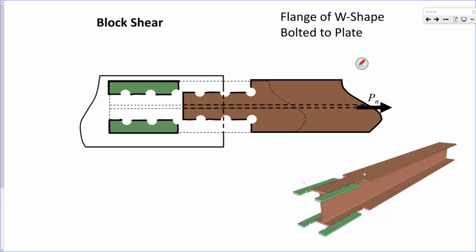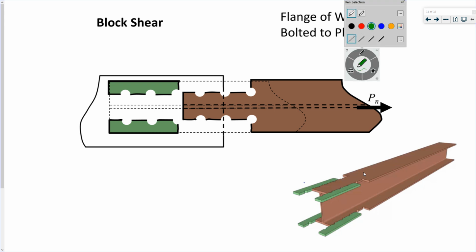Now, what if the plate, right, that's what it looks like, right, what we just drew. I'm just looking at it in plan and in isometric, right?